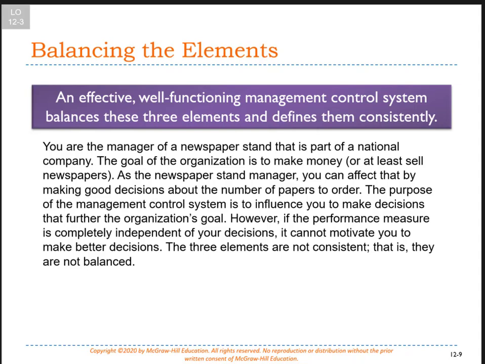But if that measure, for instance, is something I can't do anything about as a newspaper stand manager, if nothing I do can make that any better, then I lose motivation to make better decisions.